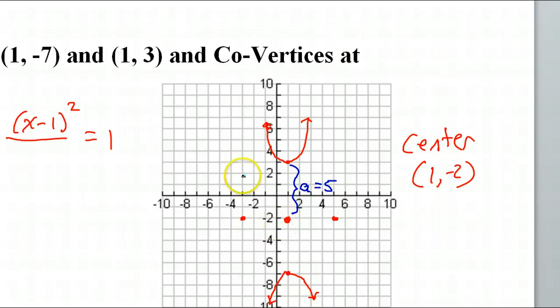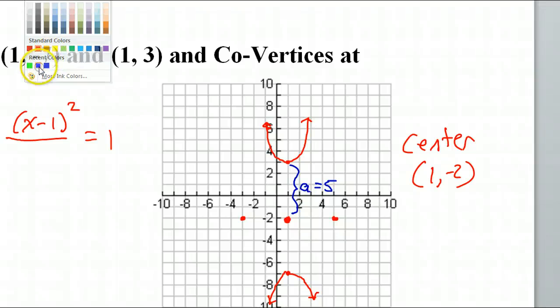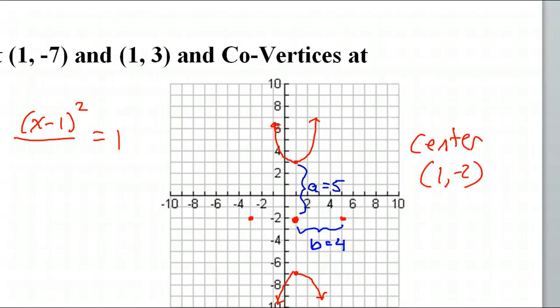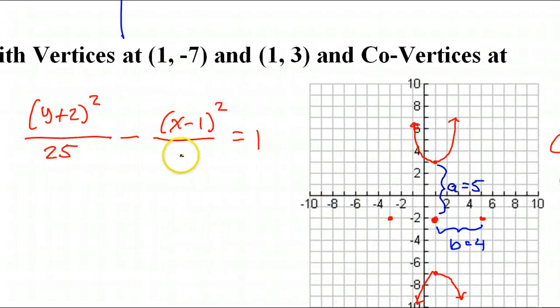So that is going to give me that other value that I need, the B value, if you will. So this tells me that B is 4. Notice this is in the x direction, so I know that it's going to go with the x value. But this is B squared, so this is going to be 16. And there it is.